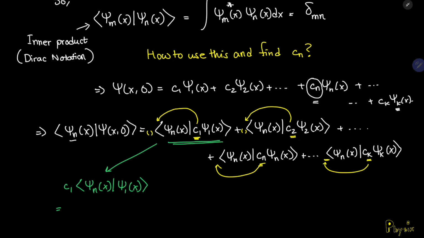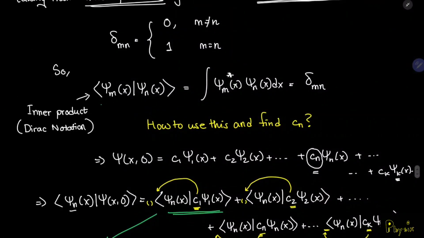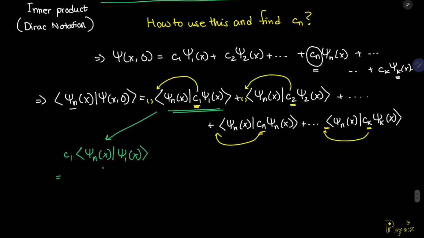But notice that the property of orthogonality basically says that when m is equal to n, the Kronecker delta function is 1. But when m is not equal to n, the Kronecker delta function is 0.